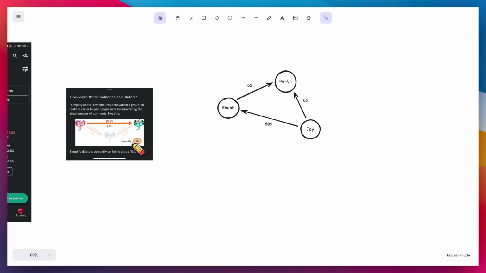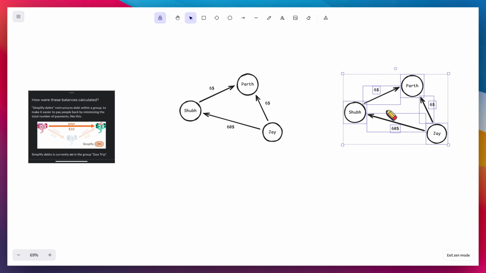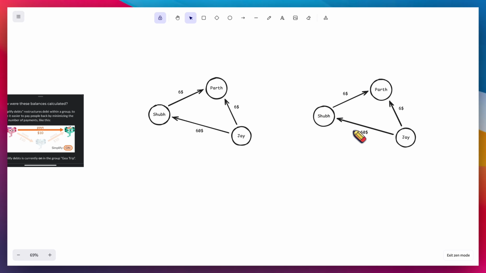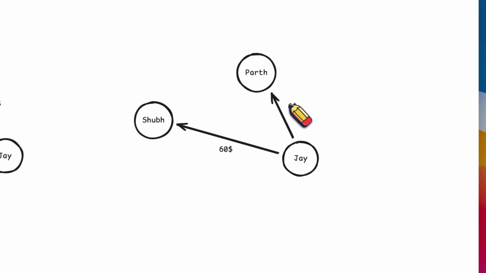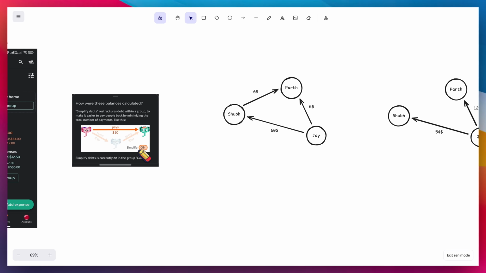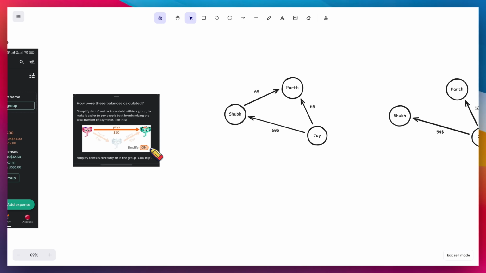But when we turn on this feature, then the number of transactions in this graph would be minimized. So we would remove this edge and Jai will be paying $12 over here. And instead of 60, Jai will be paying me $54. That will happen because of the simplifying feature.